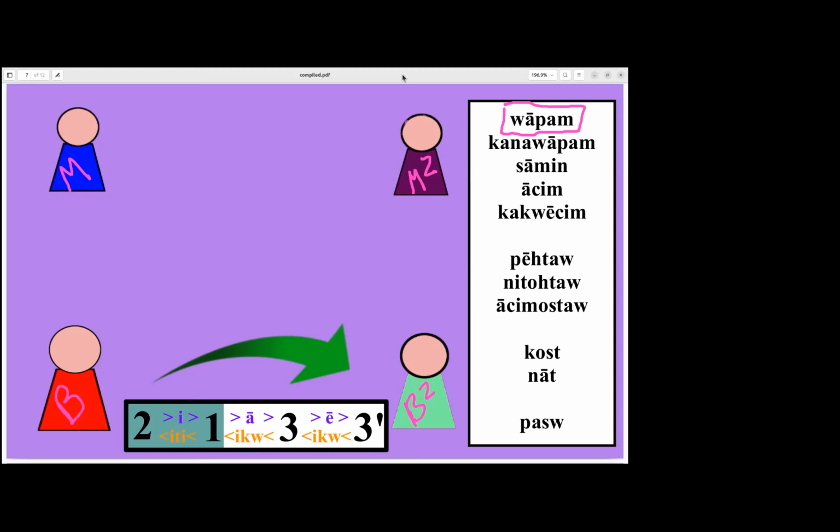Kiwapamin. Kiwapamau Ben 2. Okay. Hey Maggie, Niwapamik Ben 2. Kiwapamik Ben 2.